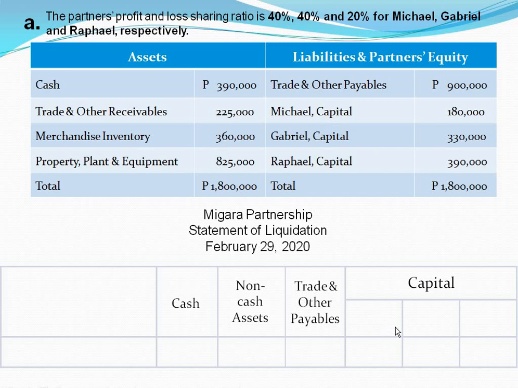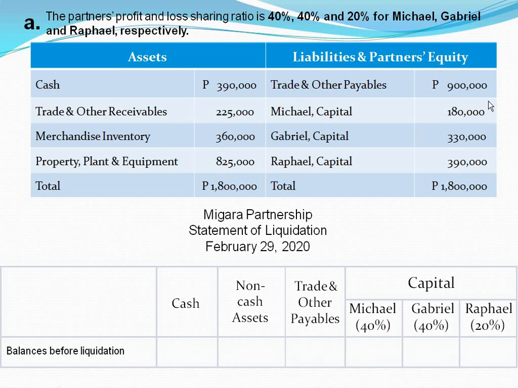So, for Michael, 40%, for Gabriel, 40%, and for Rafael, 20%. Then, let's write the balances before liquidation as given in the problem.